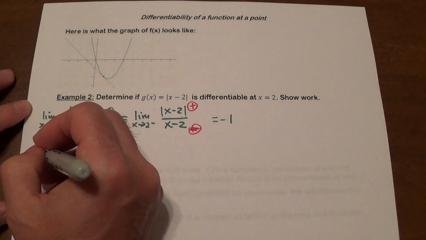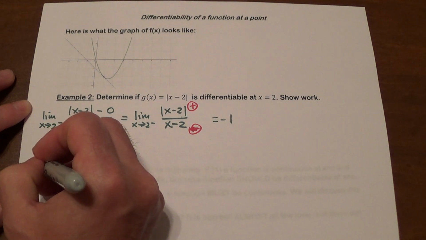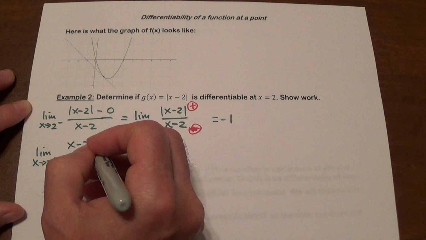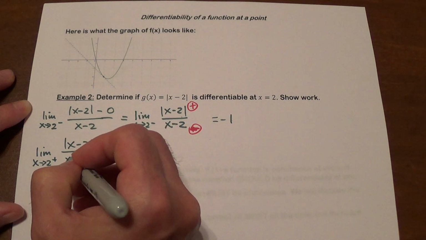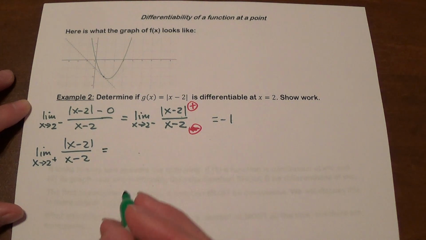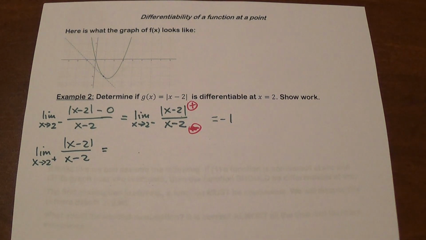Let's see what's going to happen on the right. So we already know it's going to be the same expression. I'm just going to copy that. So how is this going to be different? While the numerator is still going to be positive, the denominator is going to be positive as well.